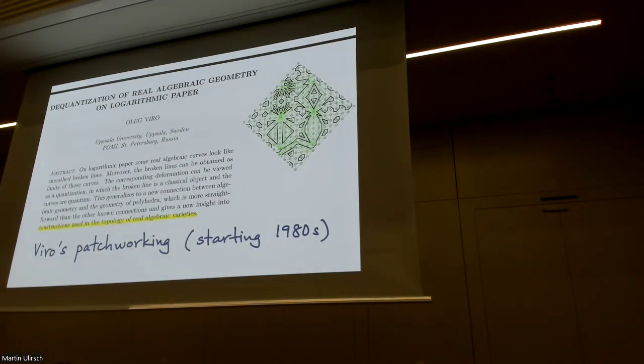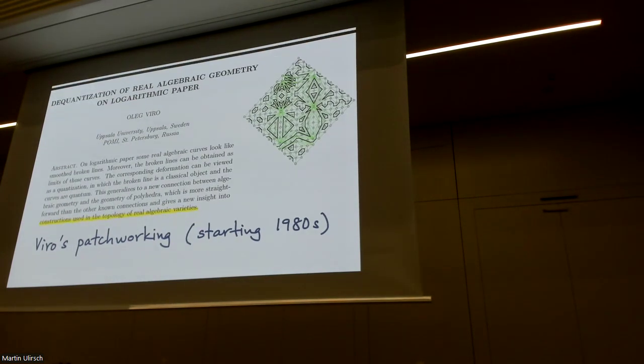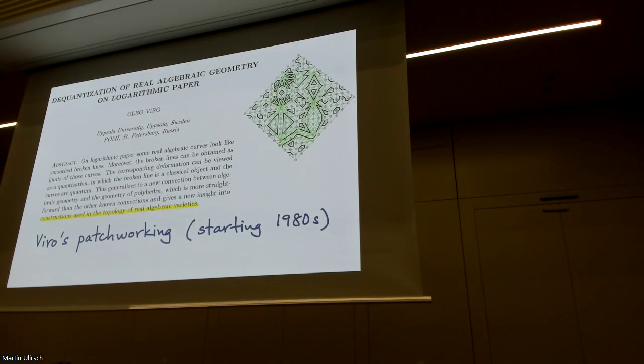I'll go over some motivations for why you might want to tropicalize things. Starting in the 1980s, Viro had this thing called patchworking, where the goal is to produce algebraic curves with prescribed topology. We know that smooth, plane, projective, real curves are topologically a collection of ovals, and Hilbert's 16th problem asks what are the possible configurations of ovals.